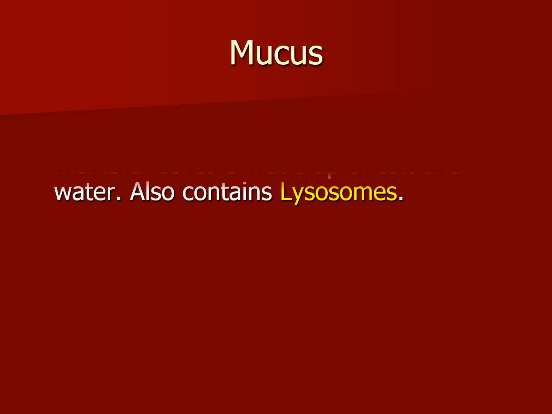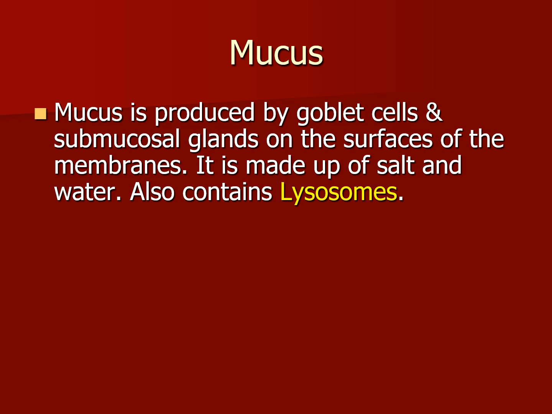Alright, so let's talk a little bit more about mucus. Mucus is produced by the goblet cells, of course you already know this, and submucosal glands. It's made up of salt and water, and it also contains lysosomes. So what are those?